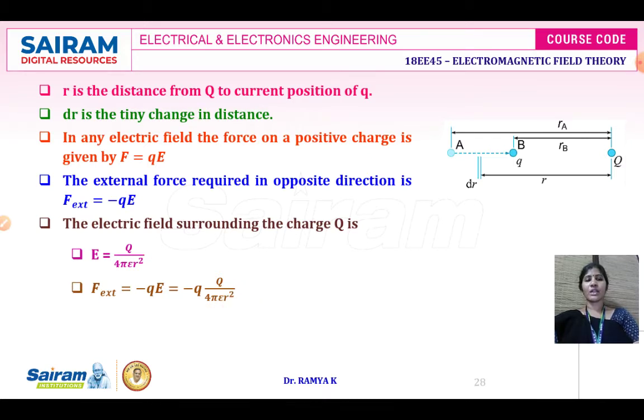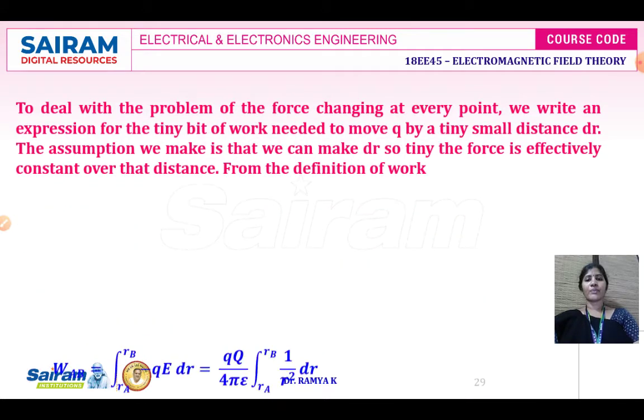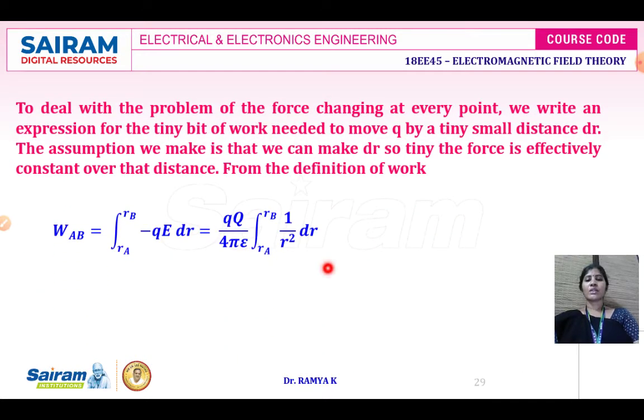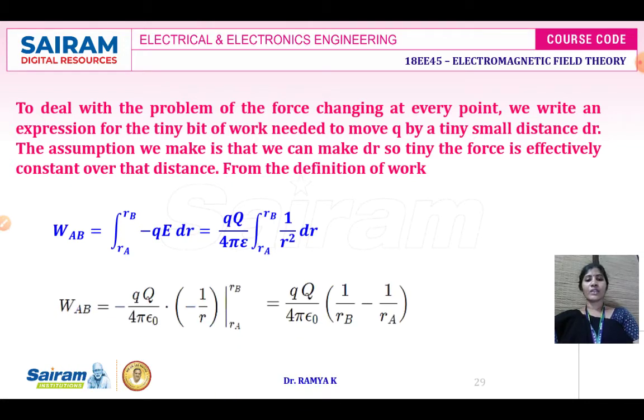R is nothing but RA minus RB. After substituting, we will get the work done between point A to B as RA to RB, and all this derivation we have already discussed in the previous lecture video.